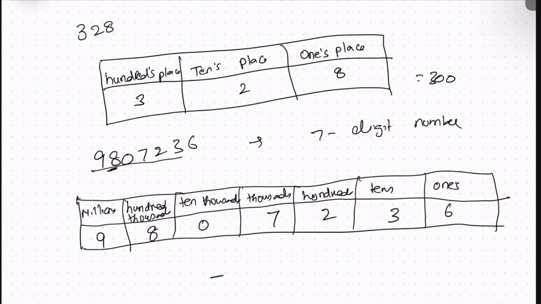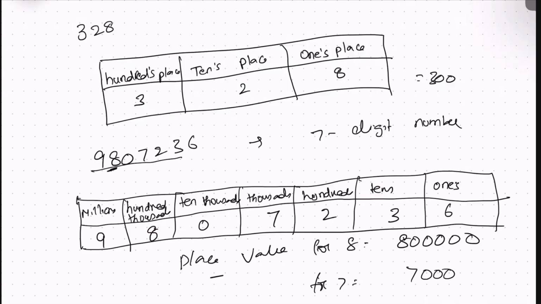Here you can actually start writing the place value for 8 is equal to 800,000. Place value for 7 is equal to 7,000. You can straight away write all the place values for any number.